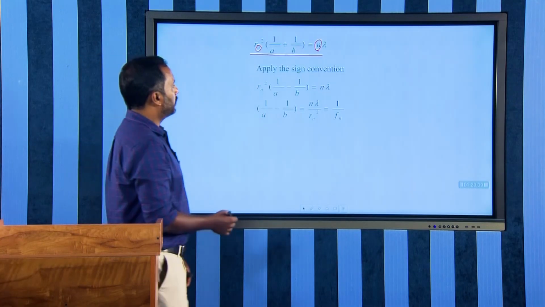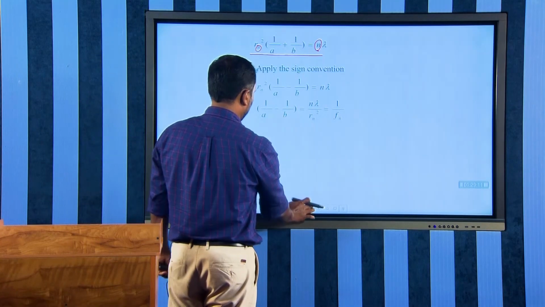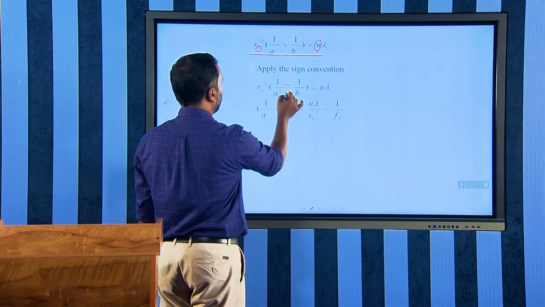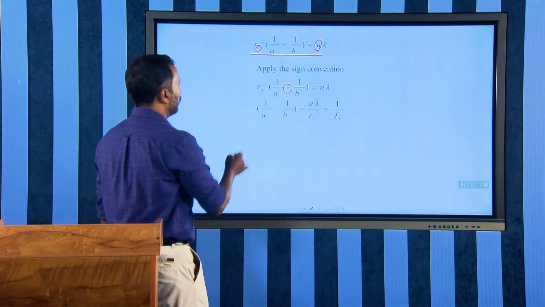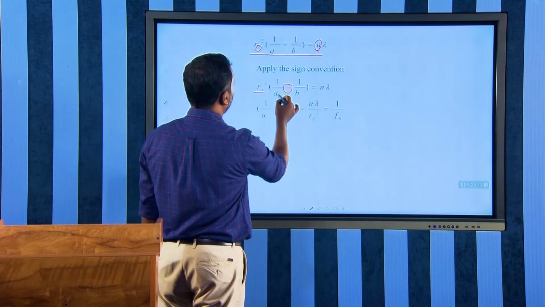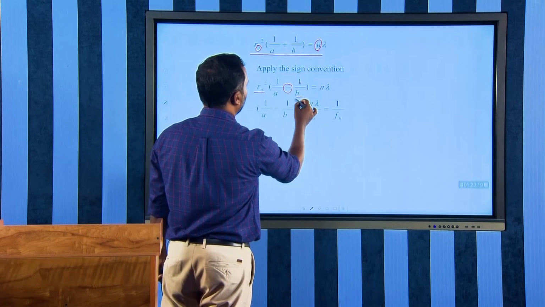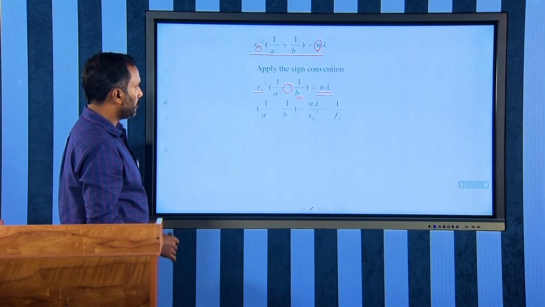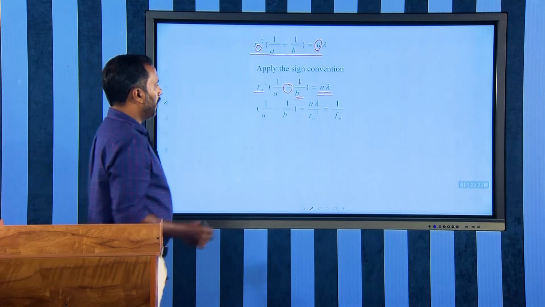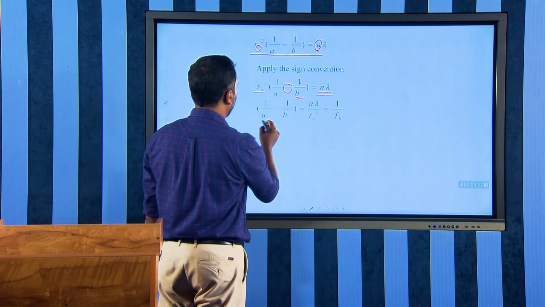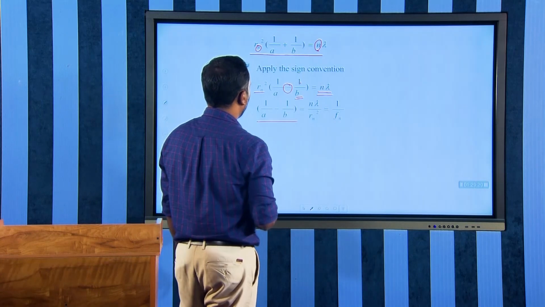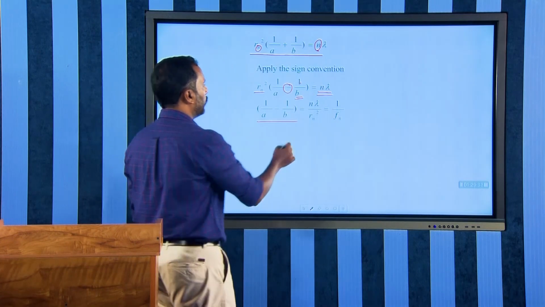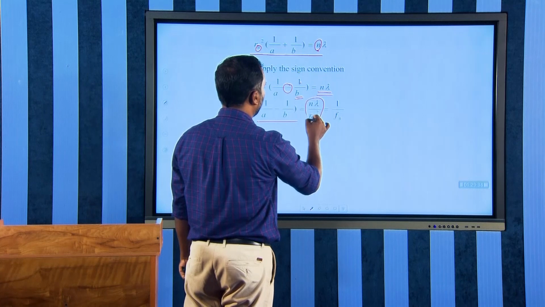So, we applied the sign convention. Here I put minus b. So, Rn square into 1 by a minus 1 by b should be equal to n lambda. Or you can rearrange this formula as 1 by a minus 1 by b is equal to n lambda divided by Rn square.